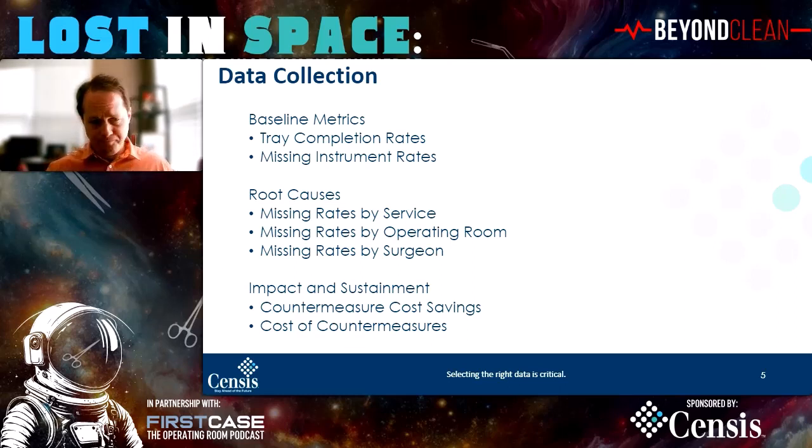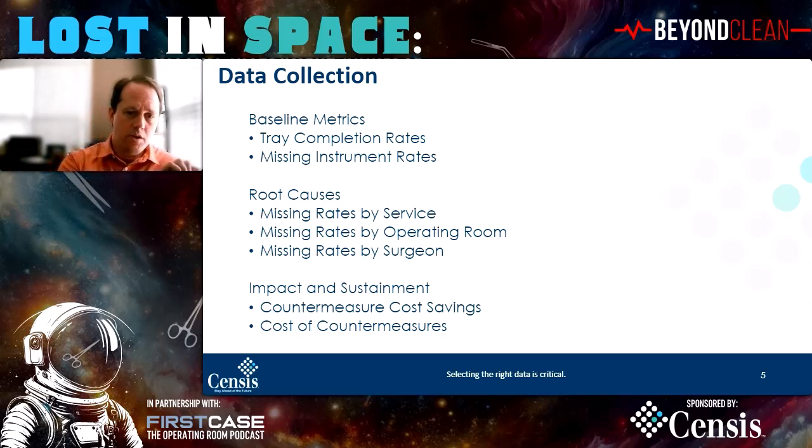Your tray completion rate is, for all the trays that you send up to the OR, what percentage of those trays are missing at least one instrument? For missing instrument rates, we want to know what percentage of all the instruments within those trays that are going up to the OR are listed as missing.